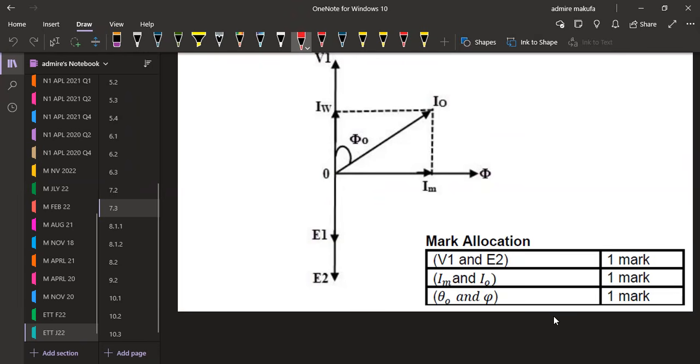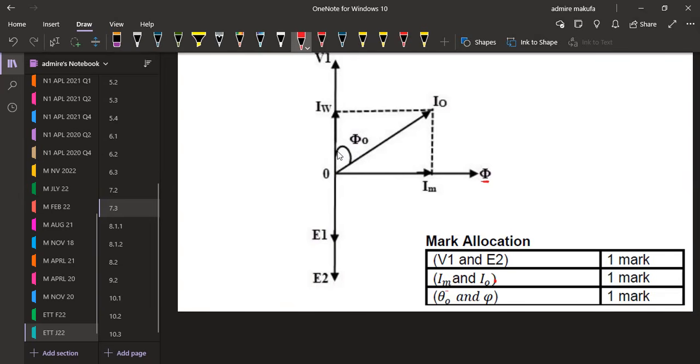And that is our same part here, which is from what? From the magnetizing. Remember, it works with the flux. So this is going to be affected by flux. Okay, so the mark allocation is mostly on the no load component and the magnetizing component, just one mark, and on properly indicating the angle.